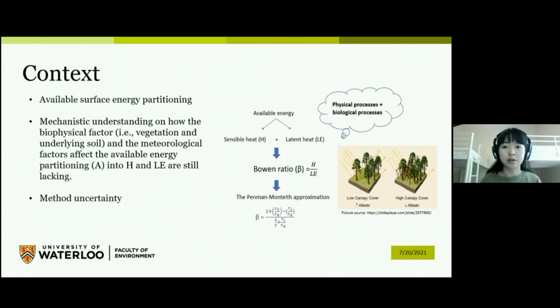But those methods usually have assumptions such as the linearity and the independence of the variables. These assumptions may not always hold true, and then this will cause a lot of uncertainties in the relative contributions. And then moreover, the ground observations on the surface energy partitioning on high elevation ecosystems are insufficient. And then it's well known that these high elevation ecosystems are vulnerable to climate change.